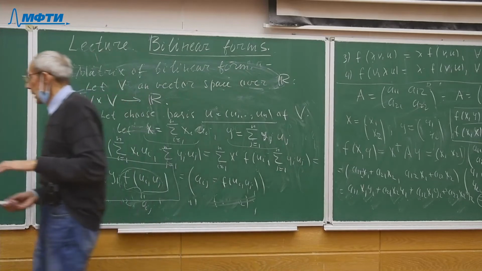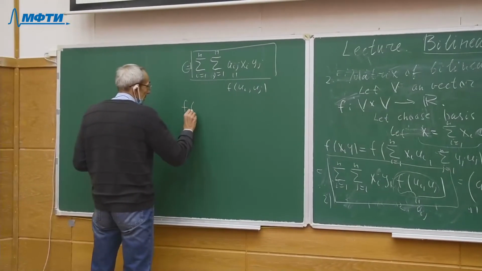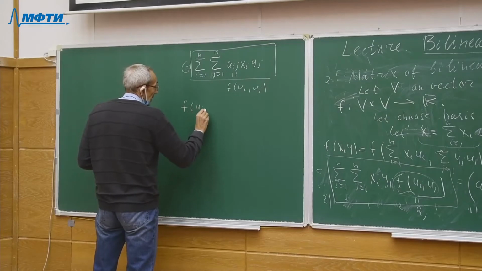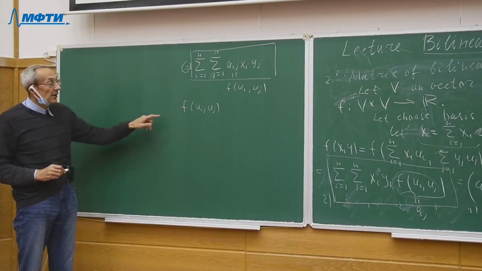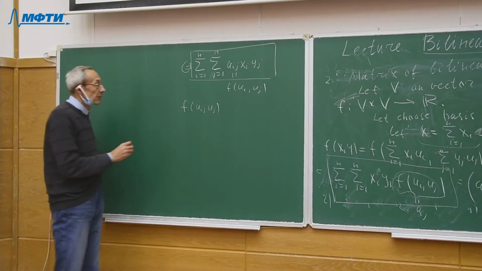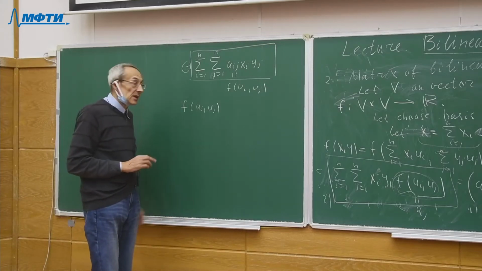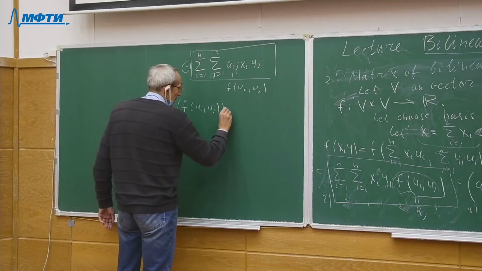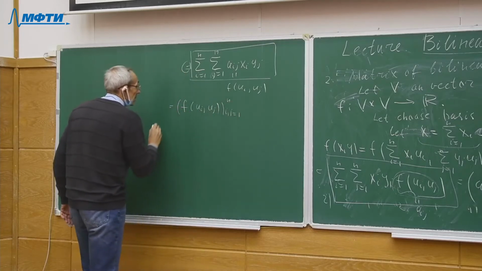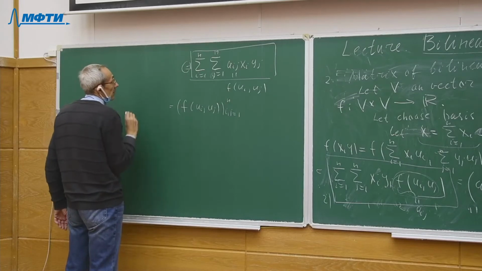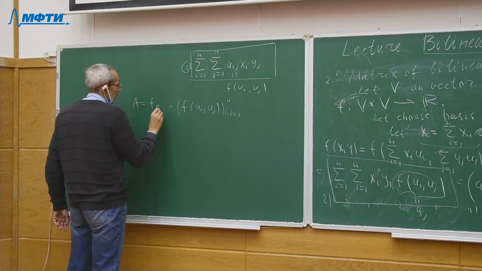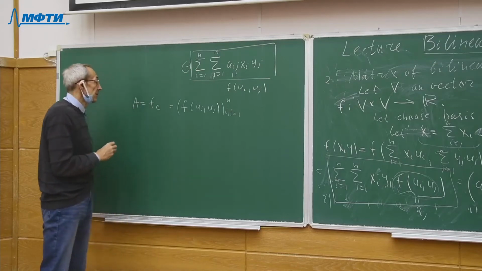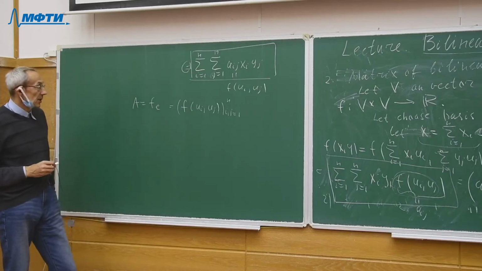In other words, the matrix whose matrix elements are the values of our bilinear form on the ordered pairs of the vectors of some fixed basis is called the matrix of the bilinear form A, and we will use the same definition as for the matrix of the operator.